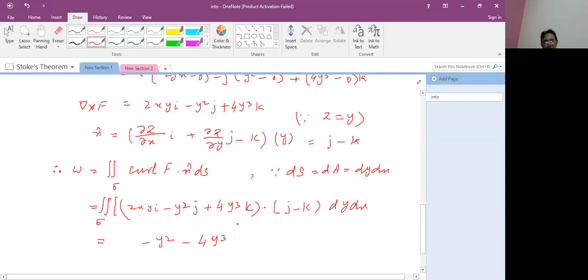So minus y squared plus minus 4y cubed, into dy dx.